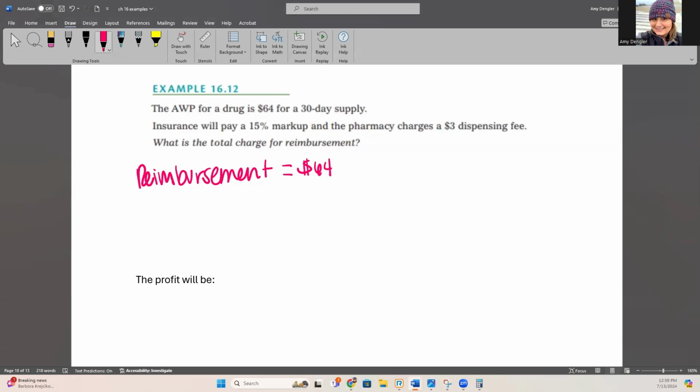And then the AWP percentage, remember this 15%, we're going to turn into a decimal by doing 15 divided by 100, which gives us 0.15. So then in this parentheses, I'm going to do $64 multiplied by 0.15, and then we'll add the dispensing fee.